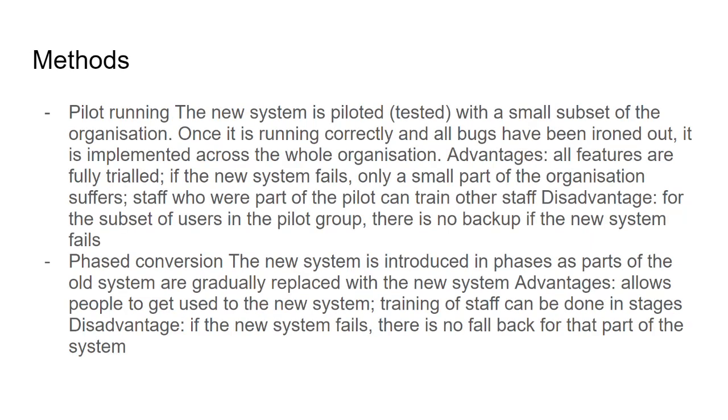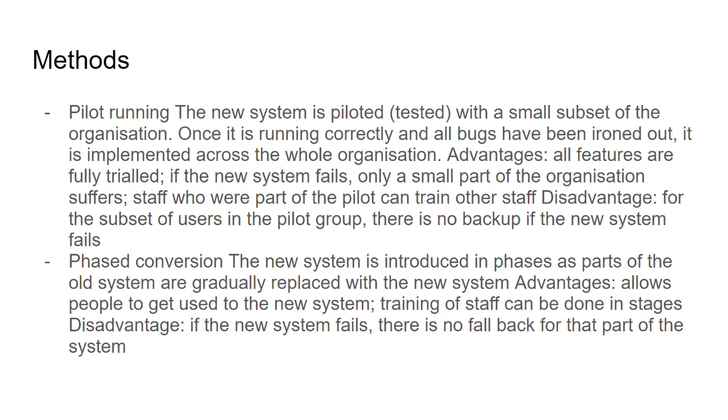Pilot running is where the new system is tested with a small subset of the organization. So only some people in the company get to test the new system, while most of the company is still on the old system. It is good for rooting out any bugs and any final tweaks which need to be done.